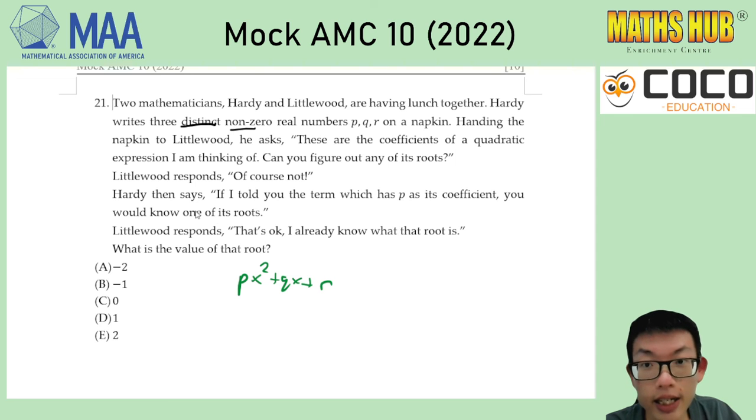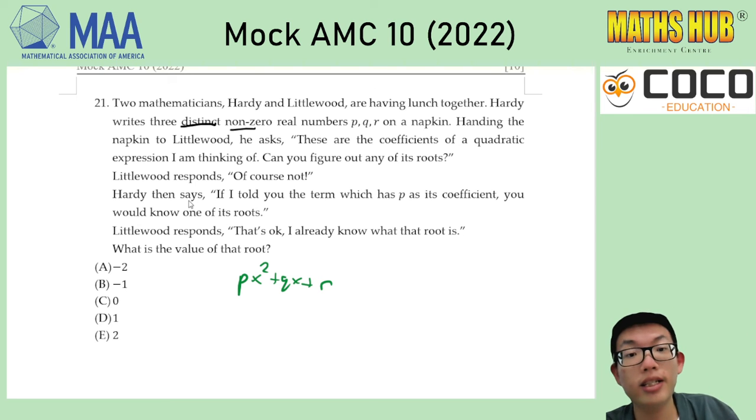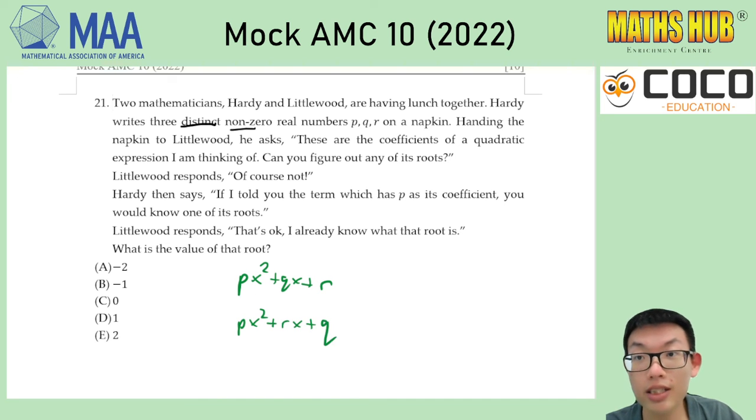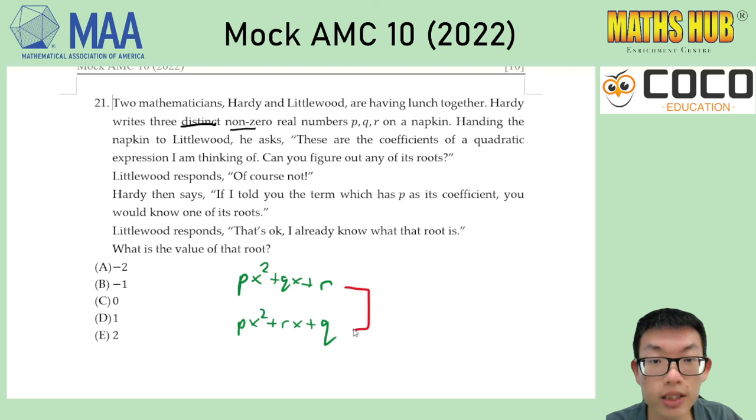It means that Hardy in his mind was thinking, well, if I told you that the coefficient of x squared is P, then regardless of which of these was the actual thing, we would already know one of the roots. So it means that these two have a common root.